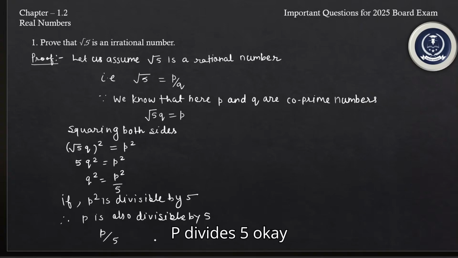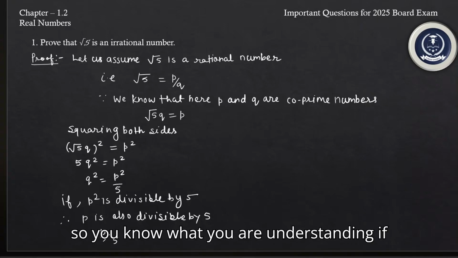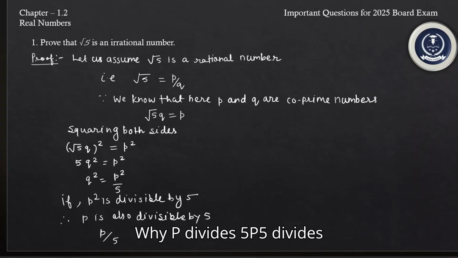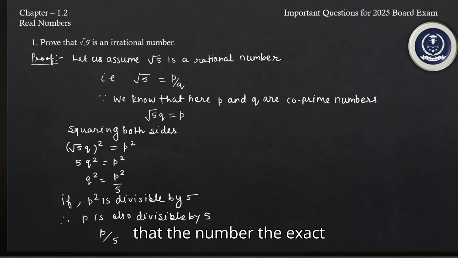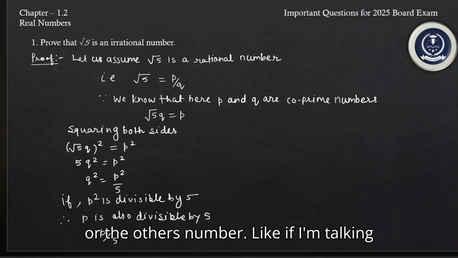P divides 5. Okay, so you know what you are understanding. If 5 divides p, if any number divides another number, it means that the exact number is a factor of the other number.